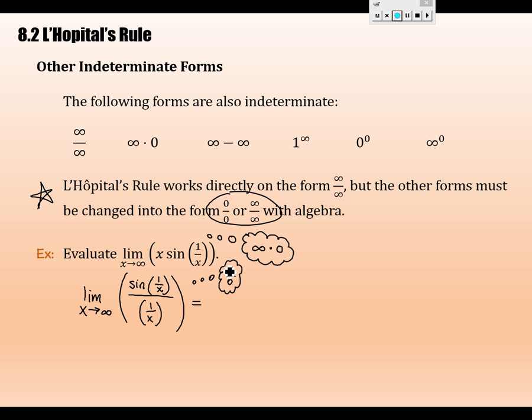Limit. What's the derivative on the top? Derivative on the bottom? Do both of those. What is that? Little chain rule actually going on there. Say it again.